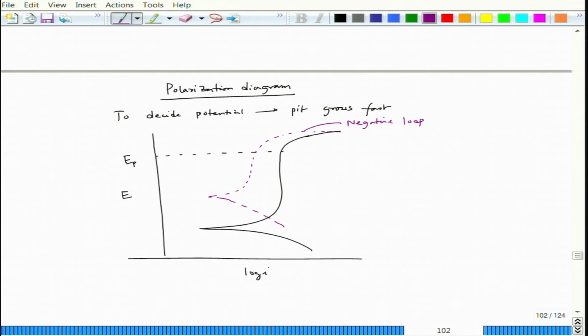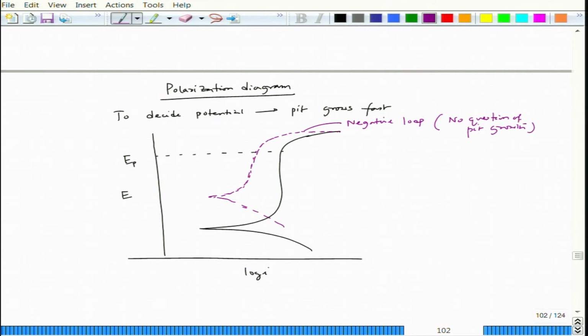It can also happen. So, this negative loop is happening. If this happens, we say that there is no question of pit growth. So, the system is absolutely stable and has a good resistance to pitting.